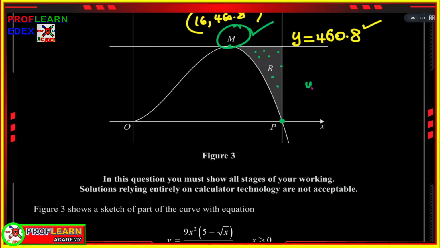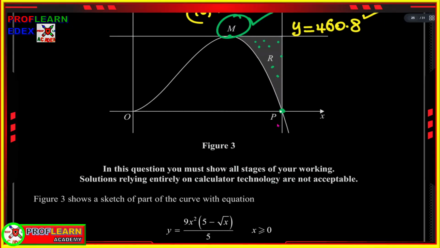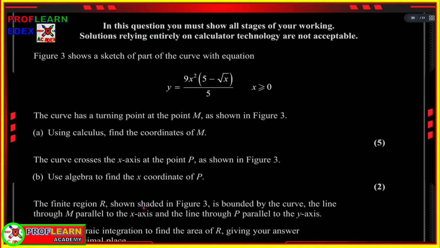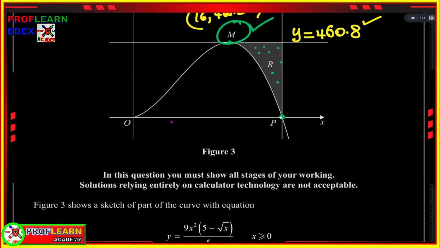Let me just write it so that we can work it out. If we want to know the value of p, using algebra, find the coordinate of p. Because this is the x-axis, we take this equation and equate it to 0, and we shall have 9x squared into 5 minus root x over 5, equated to 0.